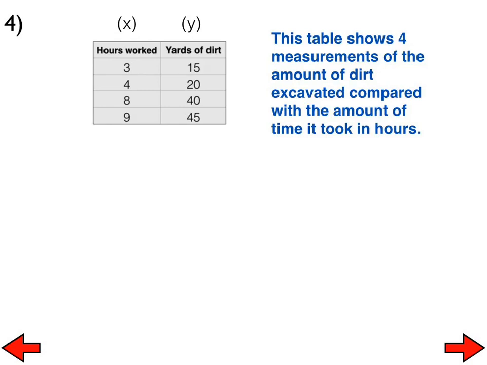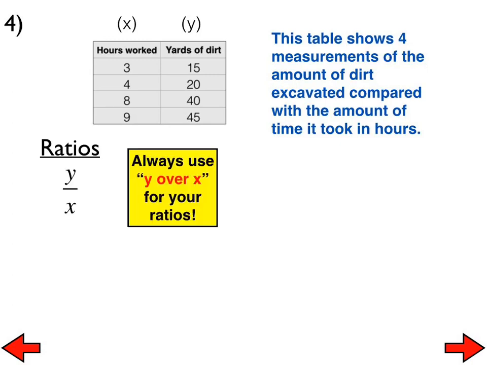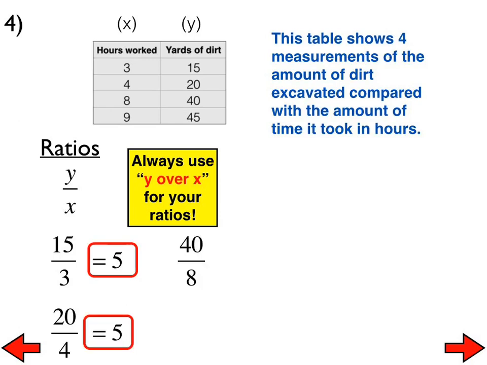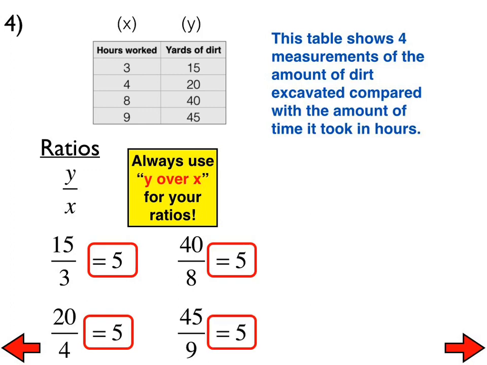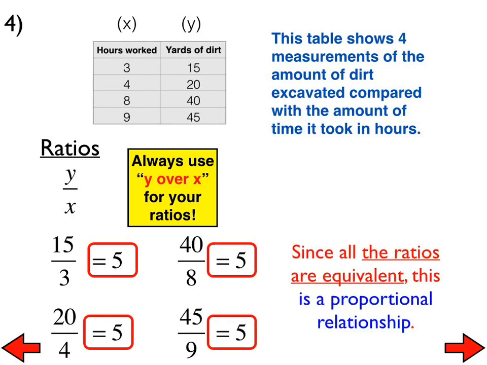All right, so like in all the other problems, we are checking to see if the ratios are equivalent to each other. So we check y over x. 15 over 3 simplifies to 5. 20 over 4 simplifies to 5. 40 over 8 simplifies to 5. And 45 over 9 simplifies to 5. All the ratios are equivalent, so therefore this is a proportional relationship.